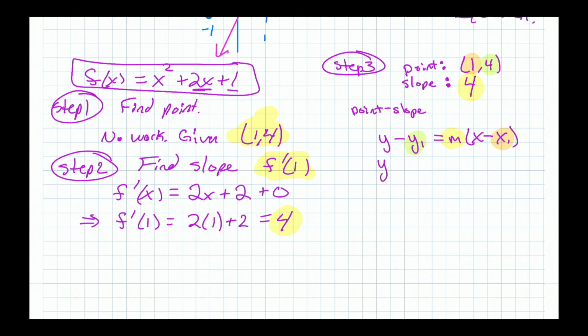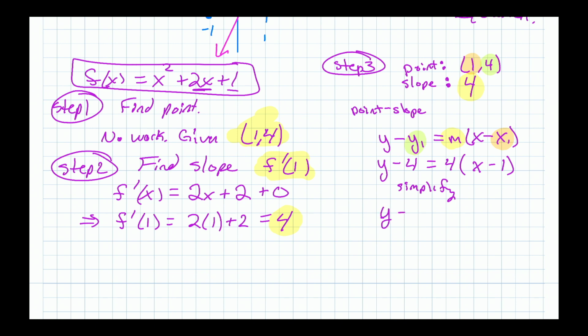So we've got y minus 4 for y1 equals m is 4, x minus x1 is 1. So we have this, and then we're just going to write it in the form that they want. They generally want like y equals mx plus b form, so we're just going to simplify a little bit.